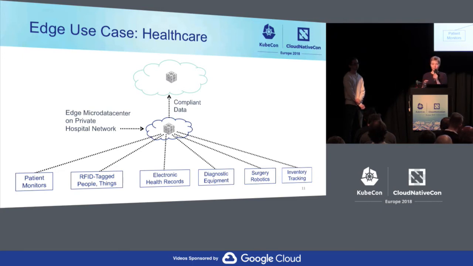You could put compute in a hospital. In this example, you put something like a Kubernetes cluster on a hospital's private network, and you can serve workloads from there. That microdatacenter talks to the cloud, and you can think about managing highly sensitive data. Medical data is very highly regulated, so think about how they could store that in-house. Again, just one example.